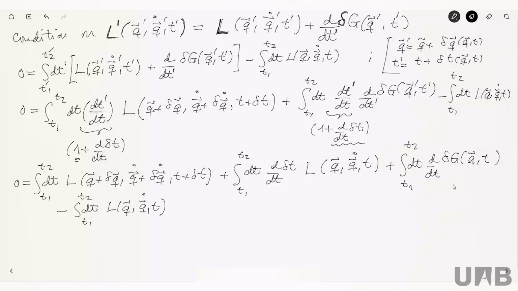No, but this 1 times the derivative of delta G is what I wrote here. Okay, you see what I'm saying? Yes. So, this derivative dt prime over dt is 1 plus something.